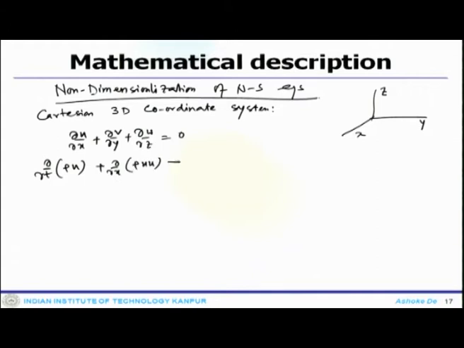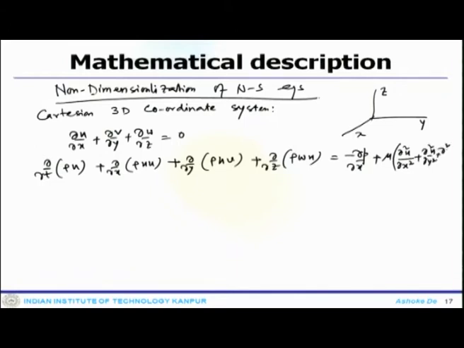del u plus del y plus del del z rho w equals minus del p del x plus mu, del t u by del x 2 plus del 2 u by del y 2 plus del 2 u by del z 2.